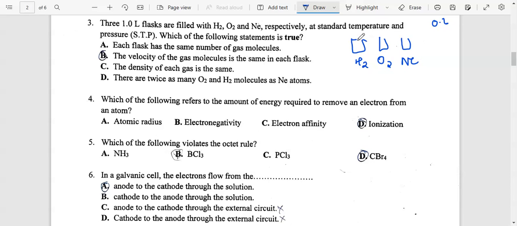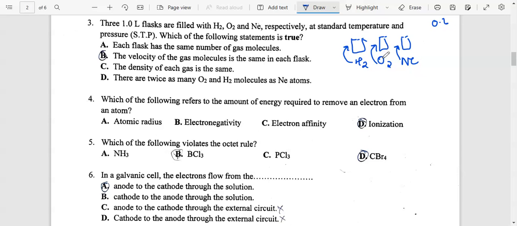So if they are all filled up, we don't know how much mass of hydrogen, oxygen, or neon is going to fill these containers. Let's say it is the same mass that fills all of them.